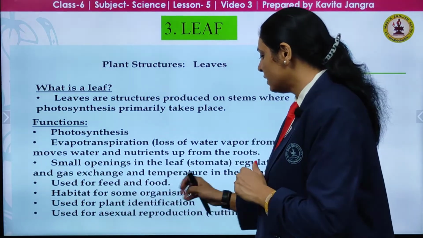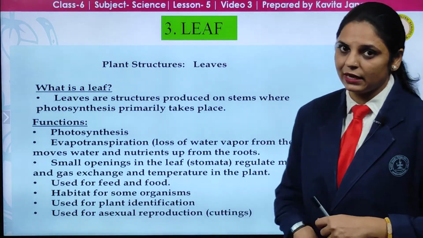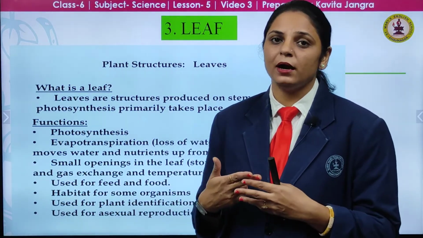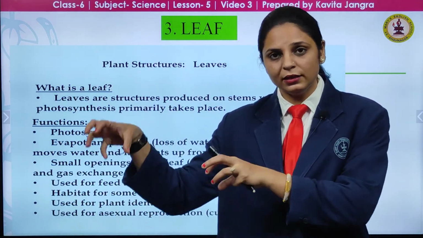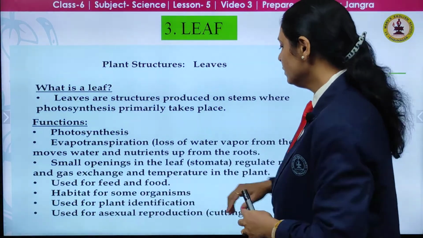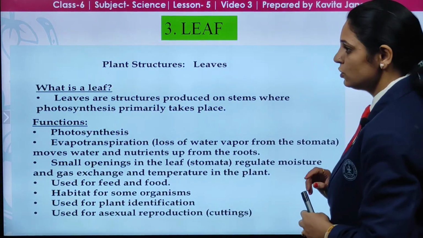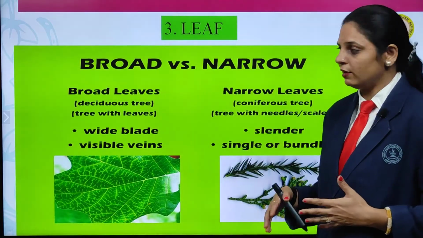They are used for plant identification and for asexual reproduction by cutting. Even if a leaf part is cut and planted, it can grow into a different plant. That is a part of asexual reproduction in which two parents are not required; from the part we can generate a new plant.